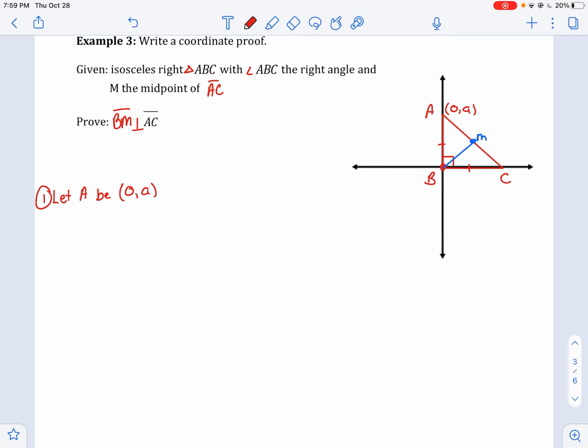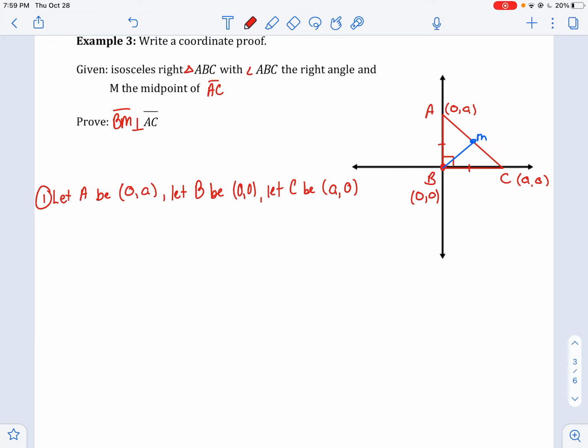So if that bottom side is a units long, then this should be a, 0, and this would be 0, 0. So let A be 0, a, let B be 0, 0, let C be a, 0. So that's one.